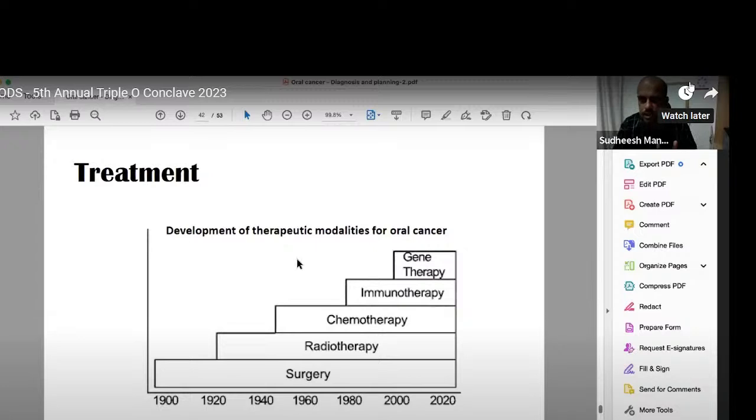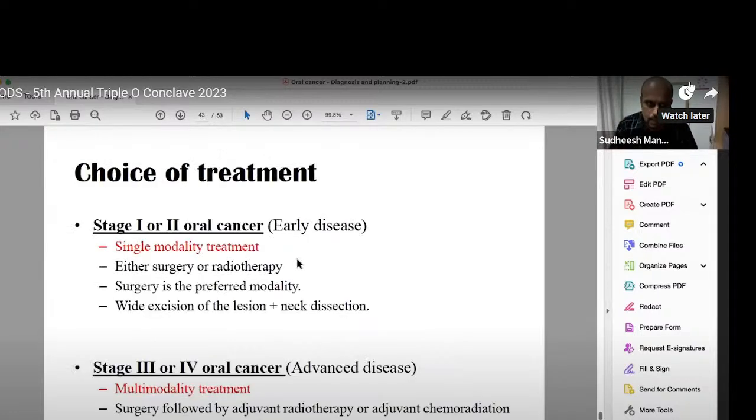The cancer treatment starts from long back, and there are a lot of new modalities of treatment, and we are now standing in the era of gene therapy and immunotherapy. But unfortunately, as far as oral cavity is concerned, the surgery remains the mainstay of treatment in oral cancer. And the choice of treatment, as I already told, is why you should differentiate between an early disease and advanced stage.